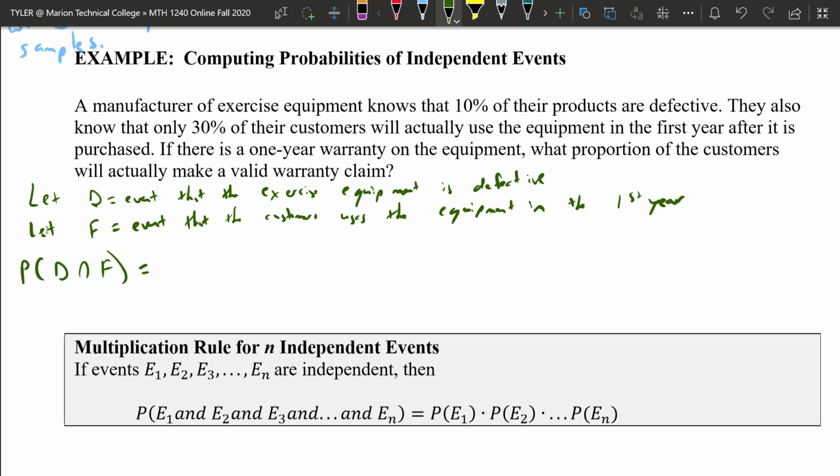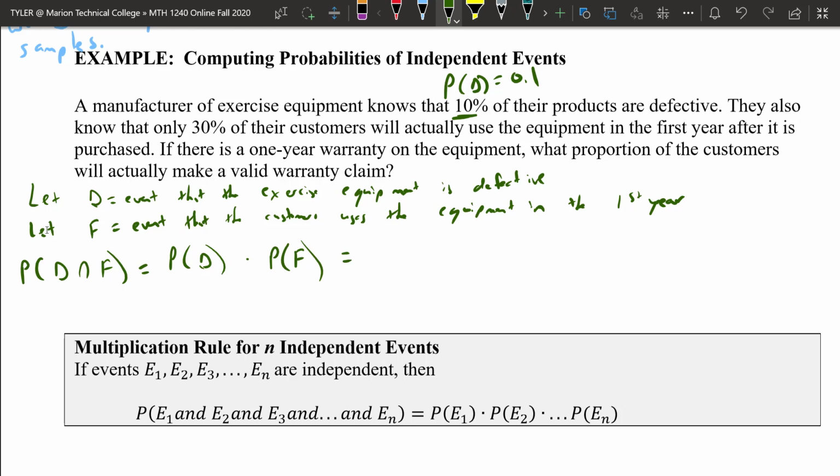So this would be equal to the probability of D times the probability of F, because these are independent events. The probability of D is 0.1, given here.